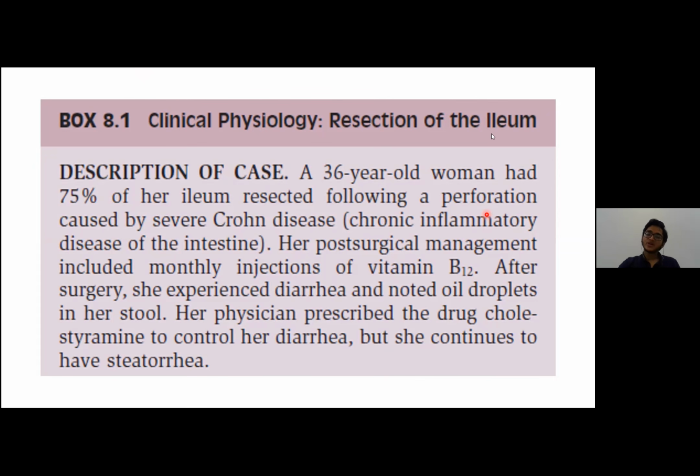Good. And why B12? Does anyone know why B12 is relevant here? B12 is absorbed in the ileum, yeah. What does B12 need to get absorbed? Intrinsic factor, yeah. So B12 needs intrinsic factor. And what synthesizes intrinsic factor?